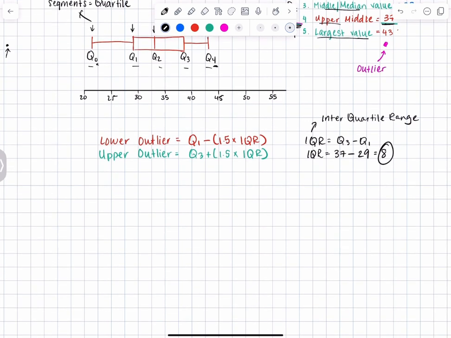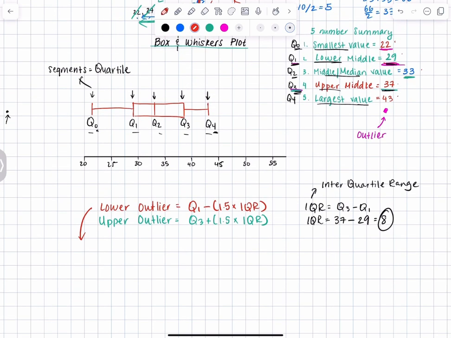To find our lower bound or lower outlier, we do Q1, so our Q1 value is 29. So 29 minus 1.5 times the IQR, which is 8, would get us 17. So 17 is our lower bound.